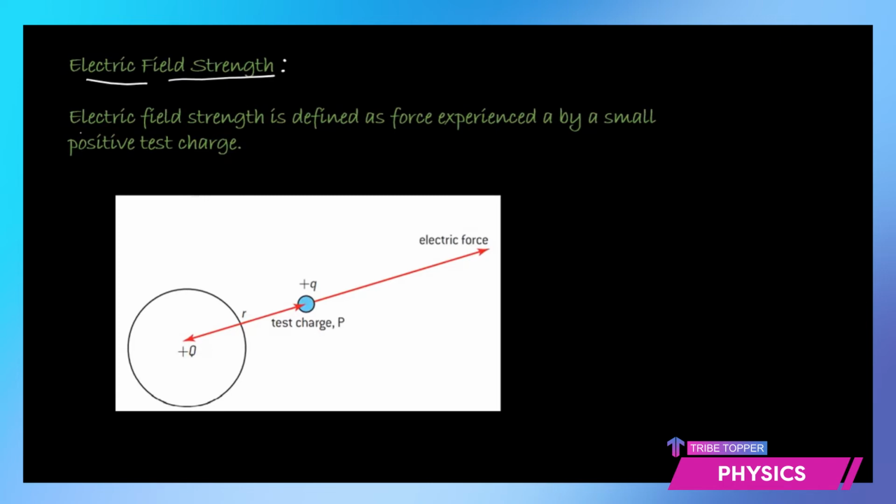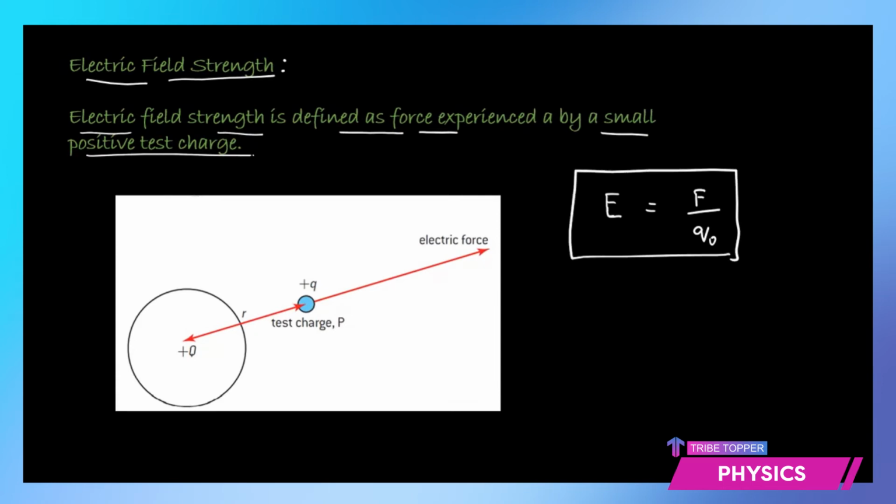So the electric field strength is defined as the force experienced by a small positive test charge. We say the electric field strength E is equal to the force experienced by the small positive test charge Q naught. So this is the mathematical definition. You can find out the electric field strength from F over Q naught.